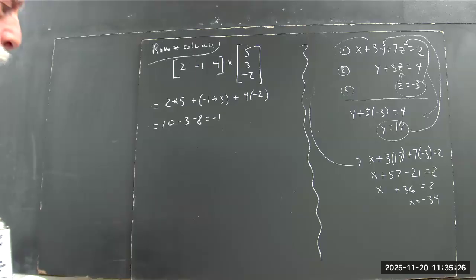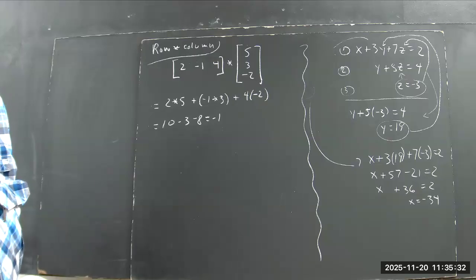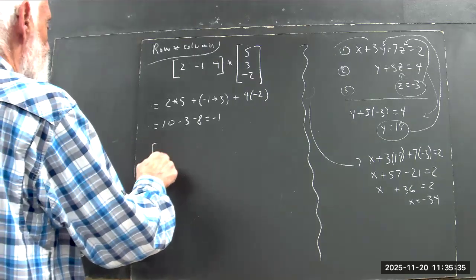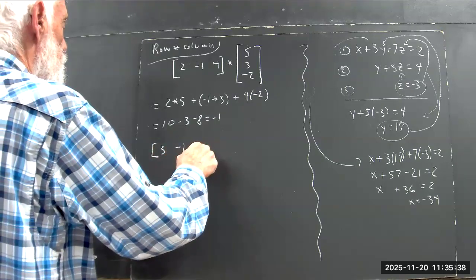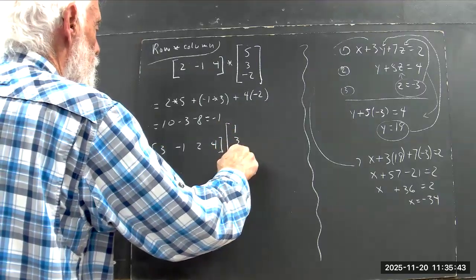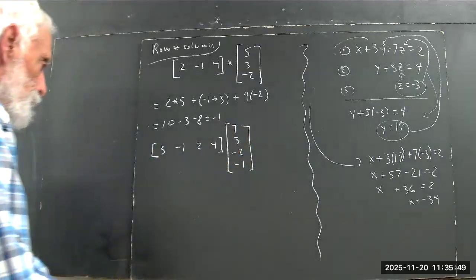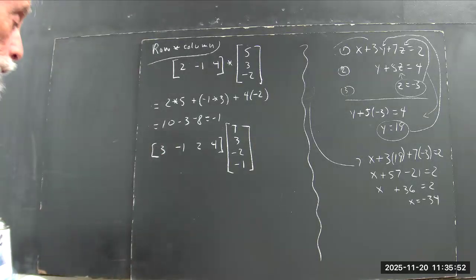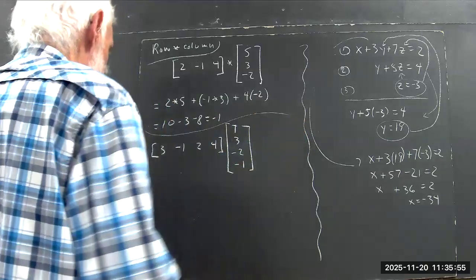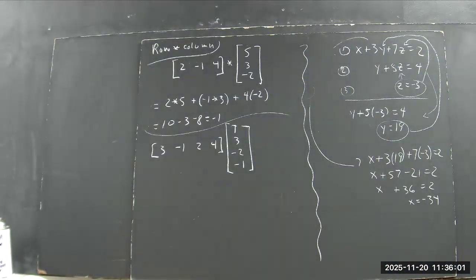Okay. Now I'm going to give you another row and column and see if you can figure out what I did. It's going to be the same anytime. See if you can figure out how to multiply that row by that column. Look at what I did for the first one and do the closest thing you can to what I did, and you get the second one.